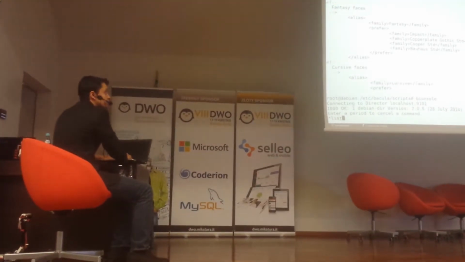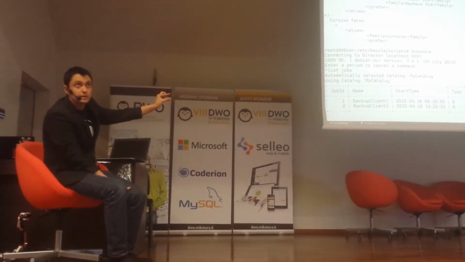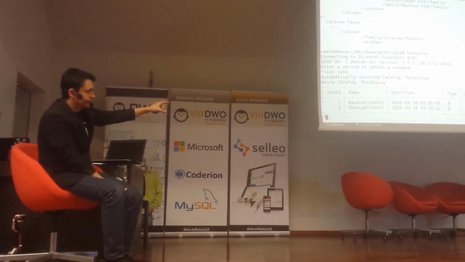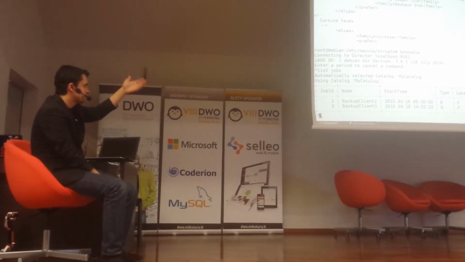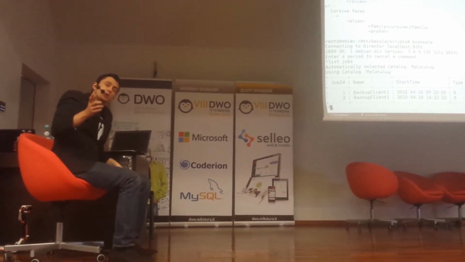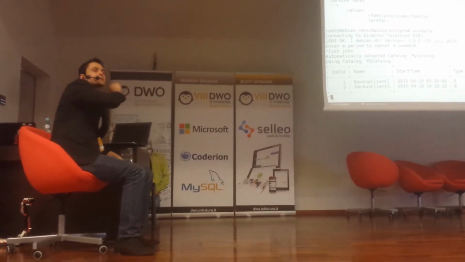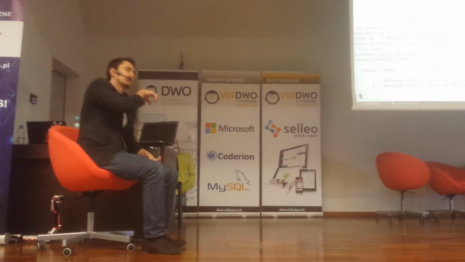With the list jobs command, I can list all the jobs that I made that ran on the server, okay? So I have several jobs there. I can just select one. Before I restore, this is very nice. I can just list the content of this backup here with Bacula.